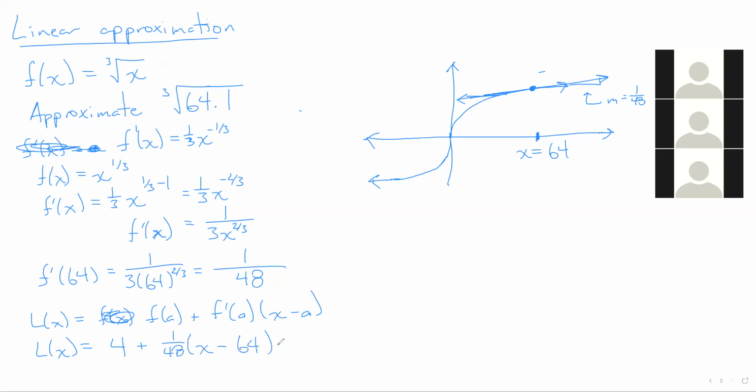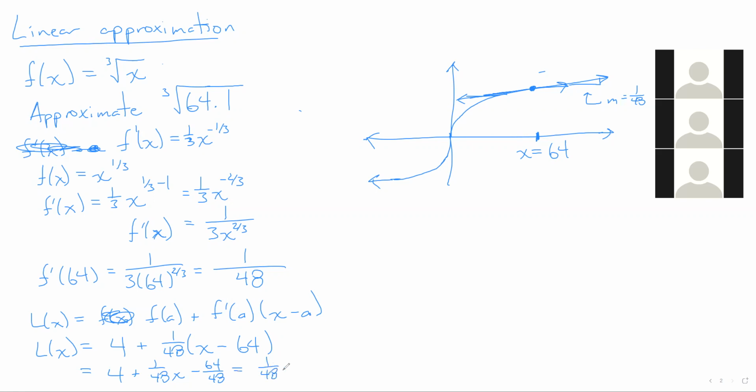So basically this is our linear approximation, which we can simplify a bit. 4 plus 1/48 x minus 64/48. What is 64/48? 4/3.